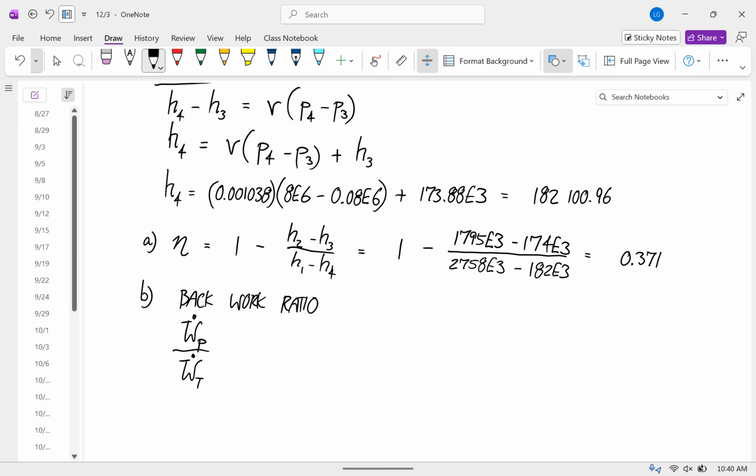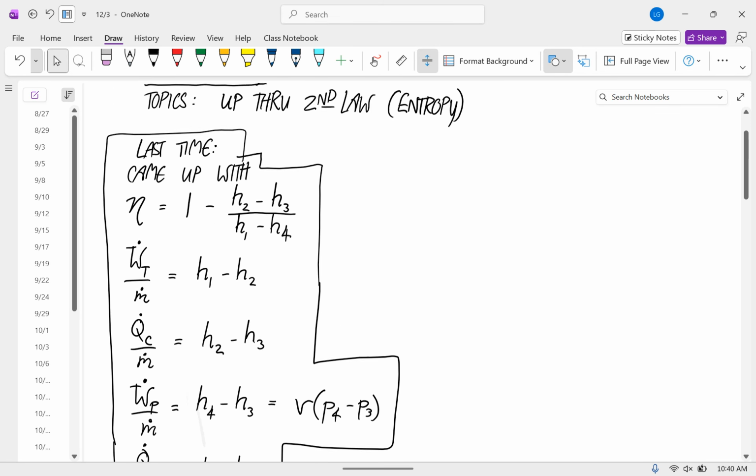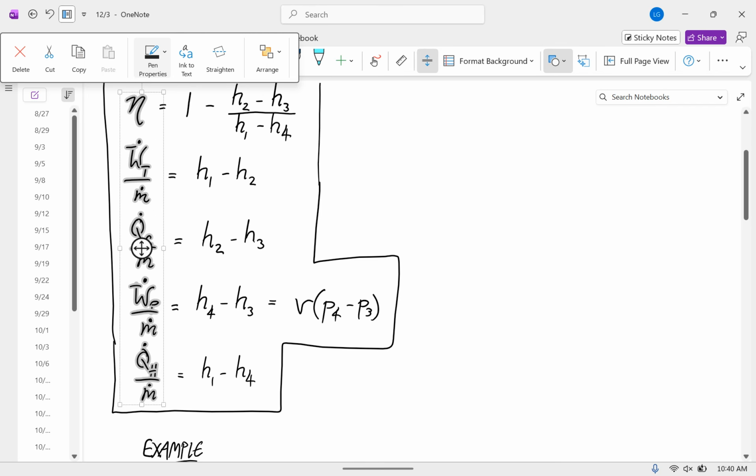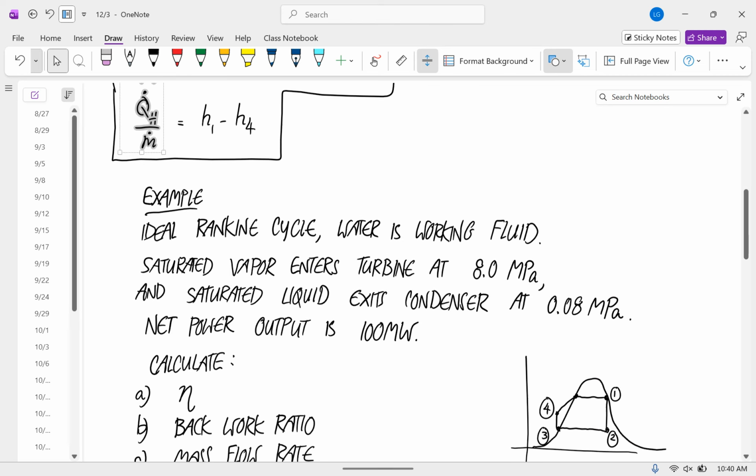You want that to be big or small? Small, yep. And so you can rewrite this as WP dot over M dot divided by WT dot over M dot. And then use the stuff in the box here. We can calculate WT dot over M dot, WP dot over M dot.